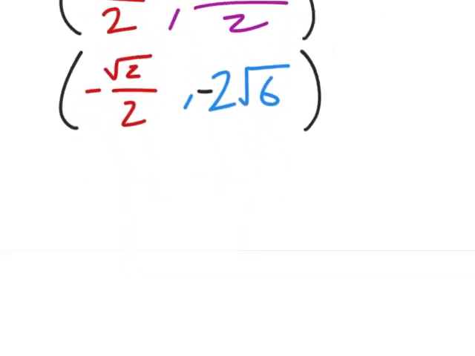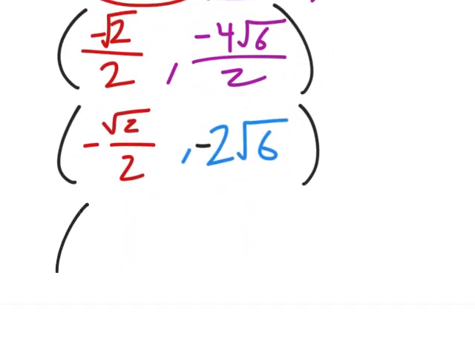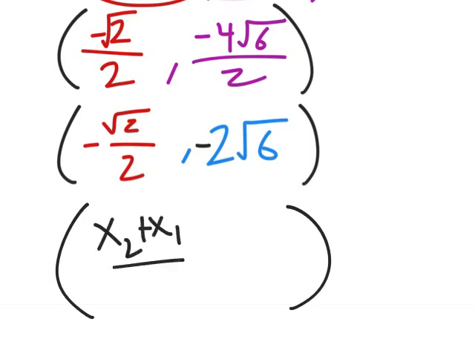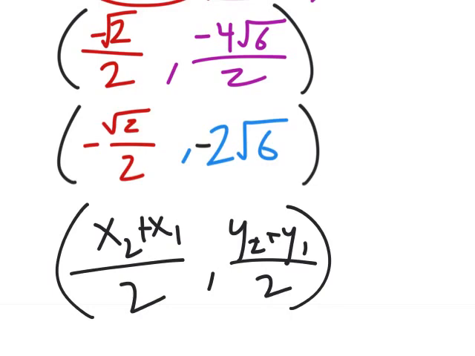What you would do is take x2 plus x1 divided by 2, and then y2 plus y1 divided by 2. But I'm not so concerned about these formulas. However you use those formulas is really up to you, okay? But I need you to understand the concept of that.